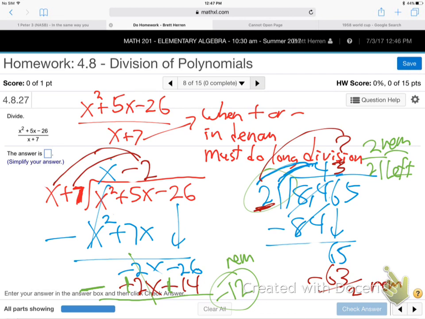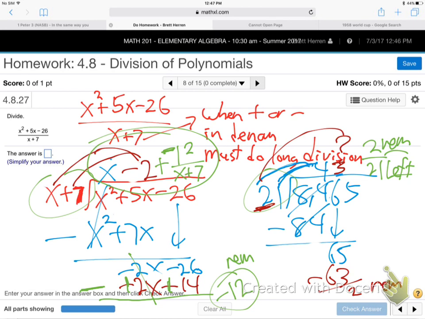So same thing here. Remainder minus 12 over the left. X plus 7. There's our answer. So minus the remainder, the minus 12 over x plus 7. If you want to go plus a negative 12, that's the same thing. It's the same answer. So it's got to be remainder over the left.